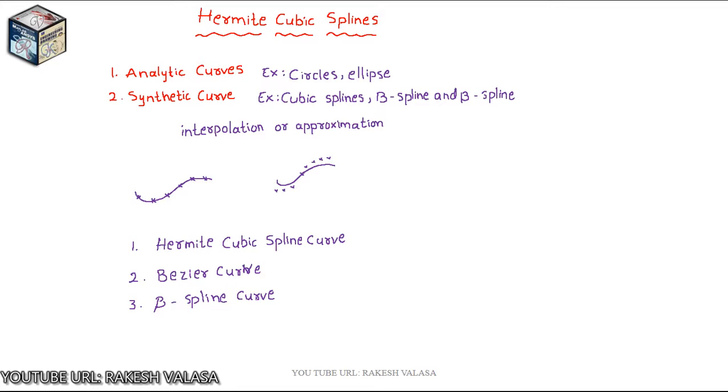Parametric spline curves are defined as piecewise polynomial curves with a certain order of continuity. A polynomial of degree n has continuity of derivatives of order n minus 1. Parametric cubic splines are used to interpolate given data, not to design free-form curves as Bezier curves and B-spline curves.